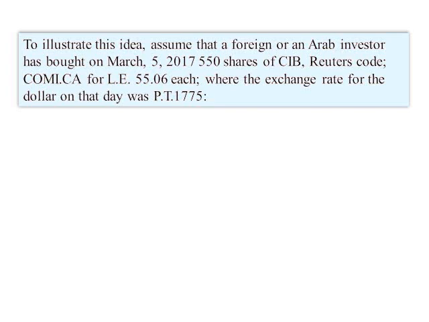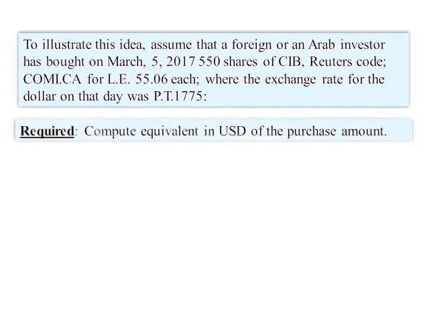Its Reuters code is COMI.CA for LE 55.06 Egyptian pounds. And the exchange rate at that time, in piasters, was 1775. Notice here that the exchange rate is mentioned not in Egyptian pounds but in Egyptian piasters. PT is the abbreviation for piaster.